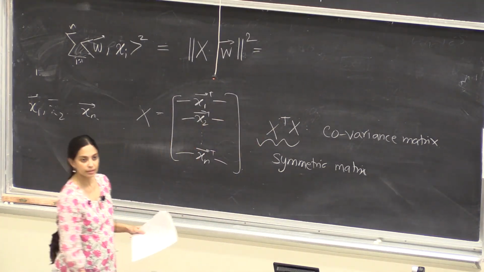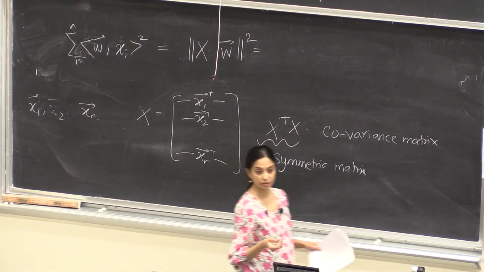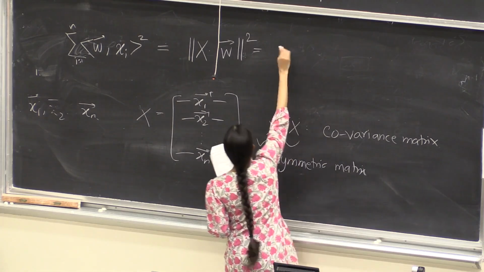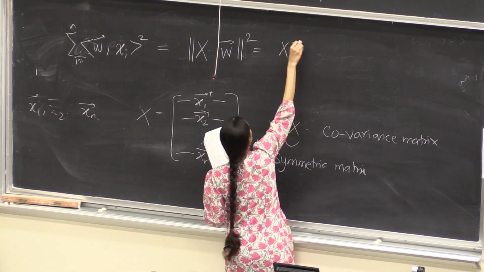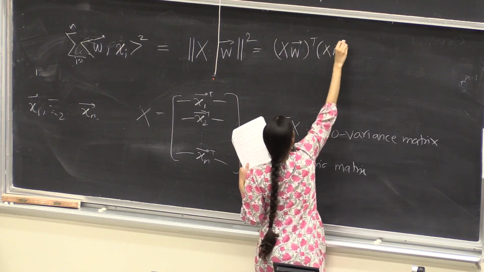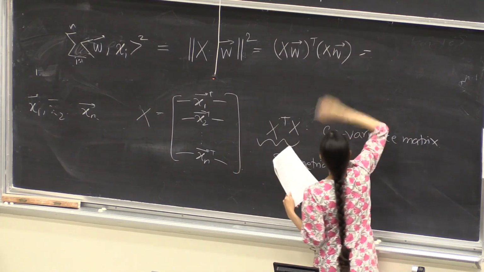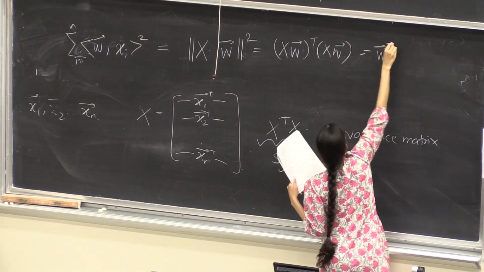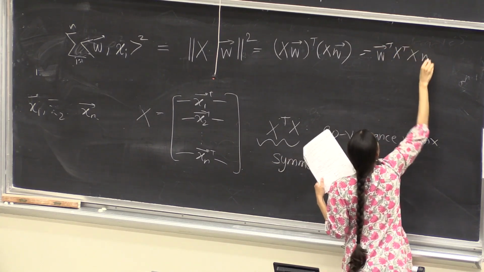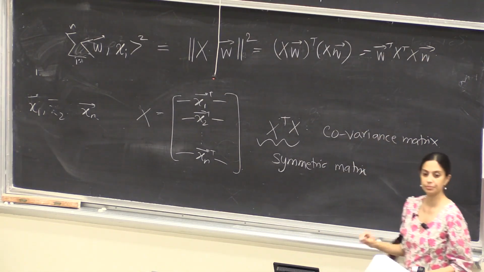This is just the norm of some vector, which I can again rewrite as Xw transpose times Xw, which is equal to w transpose X transpose X w.